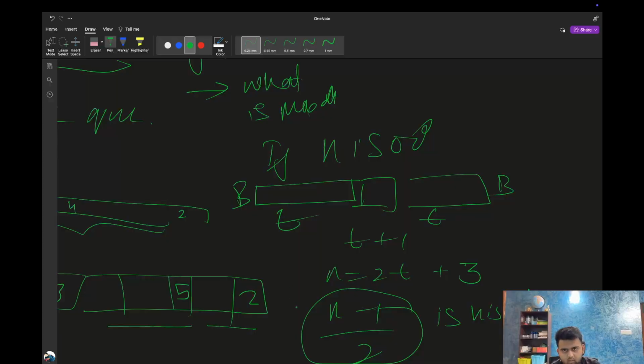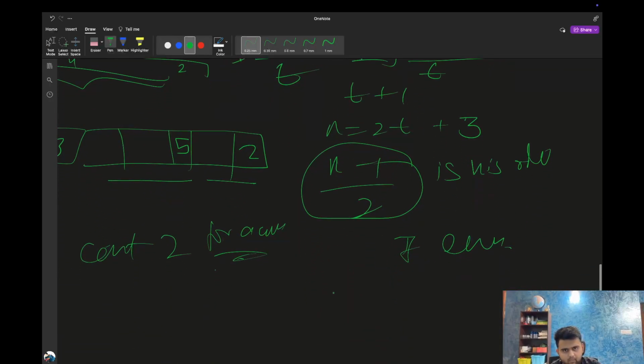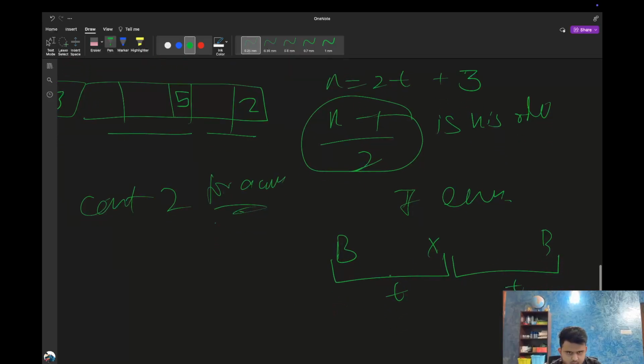So symmetric. If it's even, so you have b, let's say this is t x b. This is the small distance, and that is what?